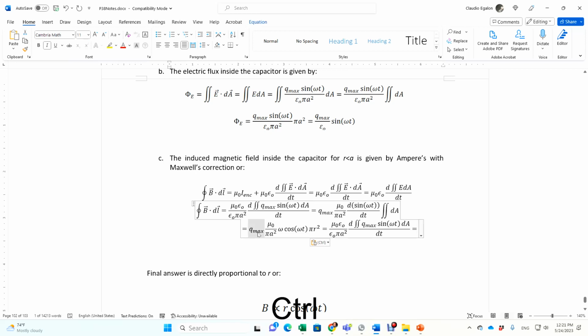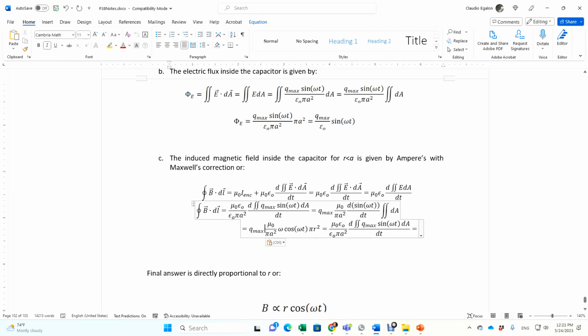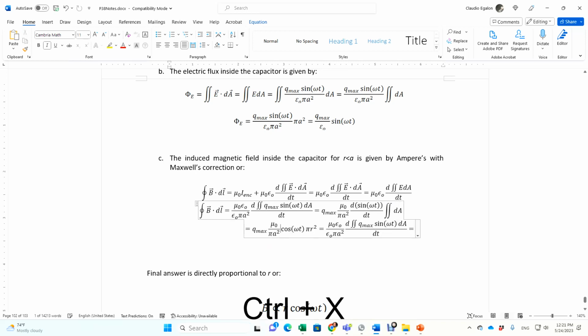The procedure is very similar to that procedure that we did to find the induced electric field, okay? Here we are just working on the right side. Oh, the pi cancels out the pi, right?